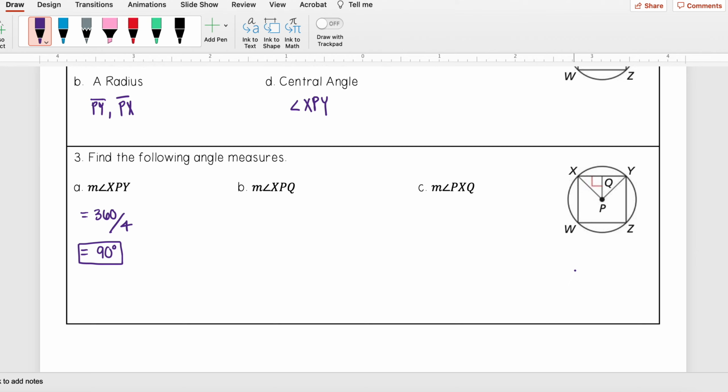Next, I want to find the measure of angle XPQ. I'm going to again redraw this triangle down here. I want to know what this measure is right here. I know that these two angles are congruent because this is an isosceles triangle, so this measure is just half of my central angle.